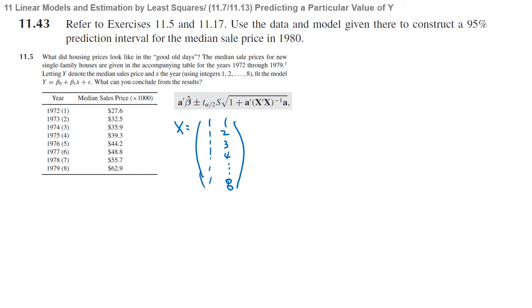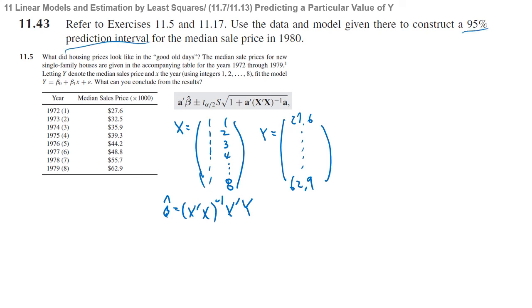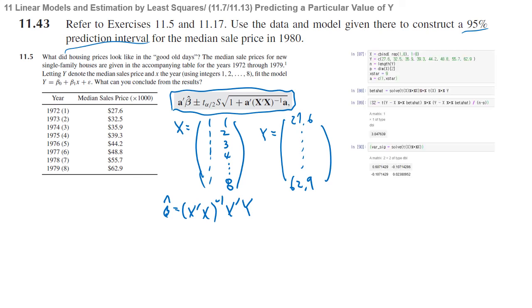This is our X matrix, and our Y vector is 27.6 up to 62.9. We can calculate beta hat as X transpose X inverse X transpose Y, and we can construct the 95% prediction interval using this formula. So let's solve the same problem with matrix notation.